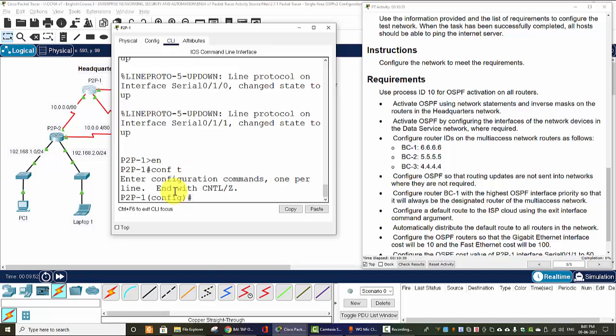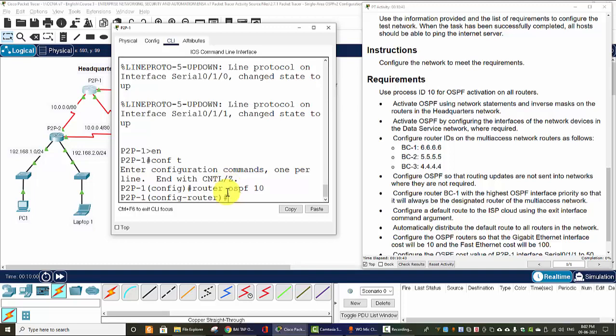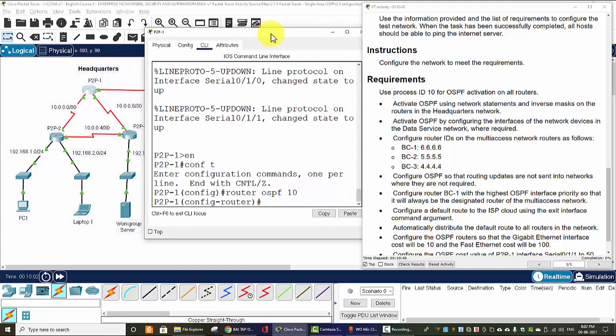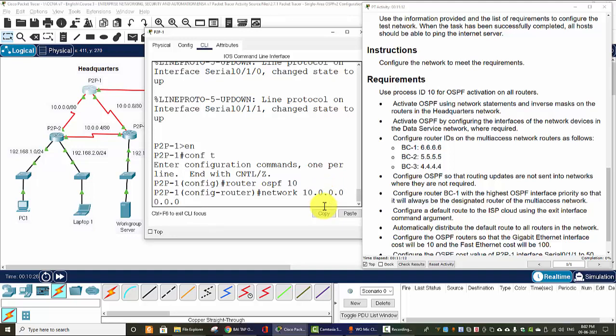Enter the configuration mode, and then router OSPF 10, and network, the first one 10.0.0.0 and the wildcard mask, area 0.